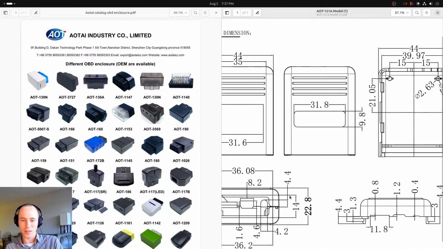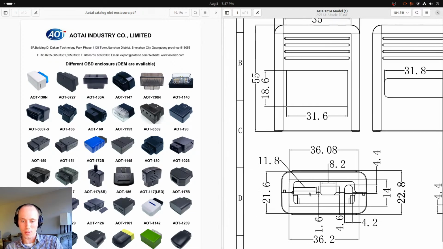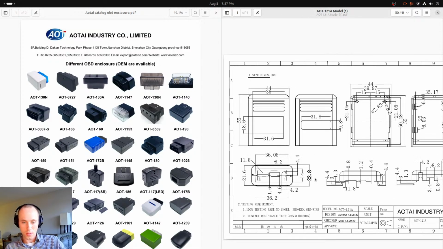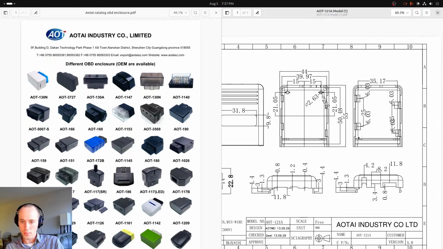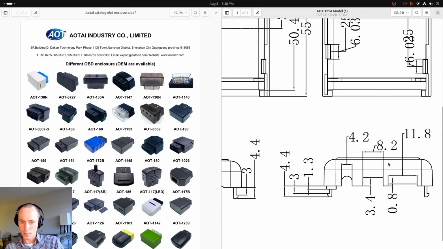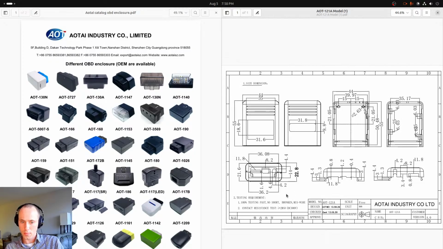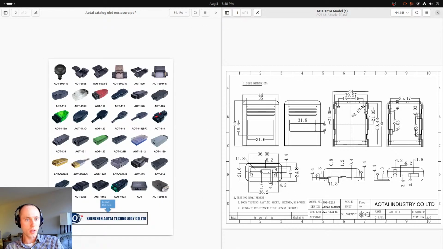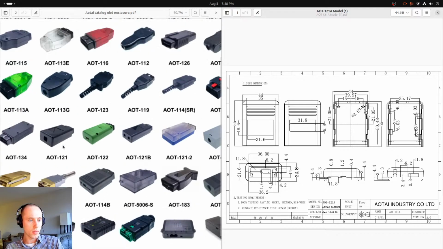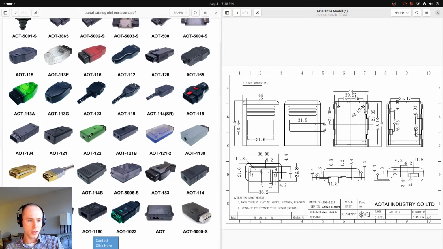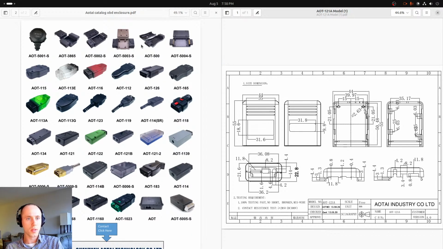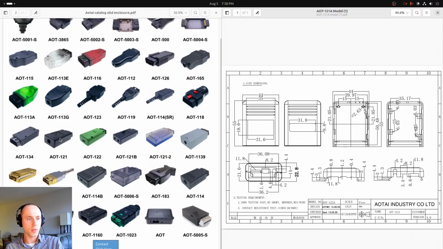Okay, we can look at these drawings. So I guess this is the SIM card slot, this is the USB port, and this is a power port. Is there, oh, there's more. Here we go. That's AOT121. It's probably the one that we're looking at.